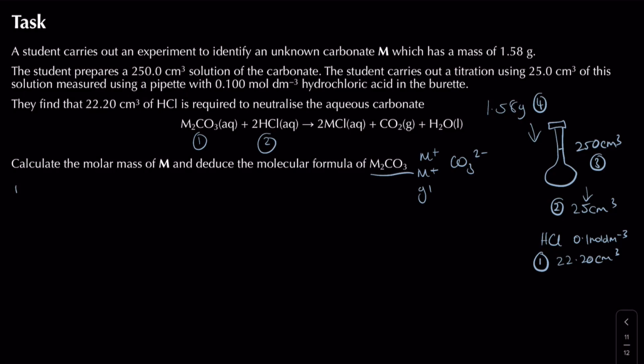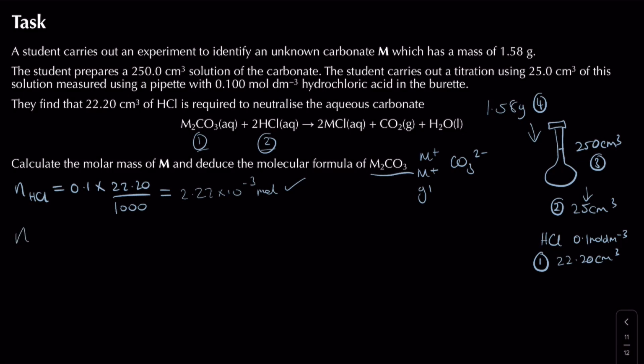So to find the number of moles of HCl, I'm going to take my concentration of 0.1 times my volume of 22.20 over 1,000, of course, and what I end up with is a value of 2.22 times 10 to the power of minus 3 moles of HCl. In the next step, you've got a 2-to-1 ratio between HCl and your metal carbonate.